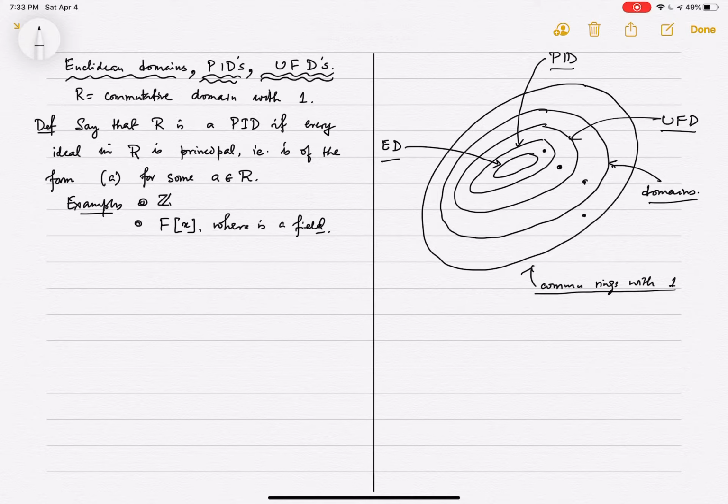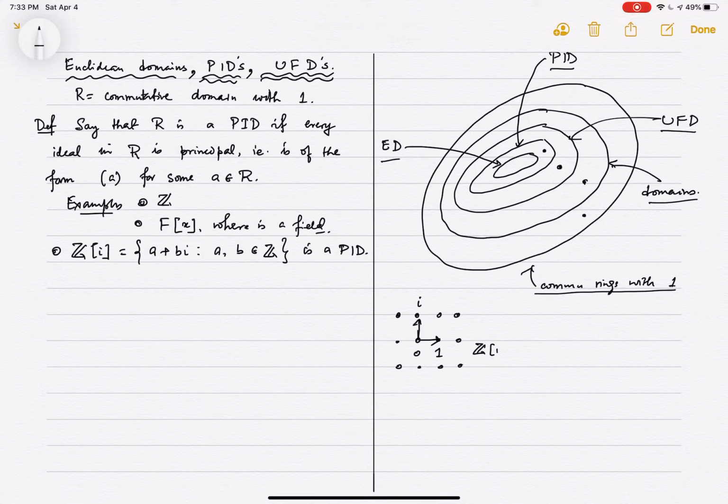You can check, for example, this is an example. This is a PID. If you take all numbers of the form a plus bi, a, b in Z, this is a subring of complex numbers. These are called Gaussian integers. So these are all the points of the square lattice. Here is 0, here is 1, here is i. So you're taking all integer combinations of this vector and that vector, so you just get the square grid.